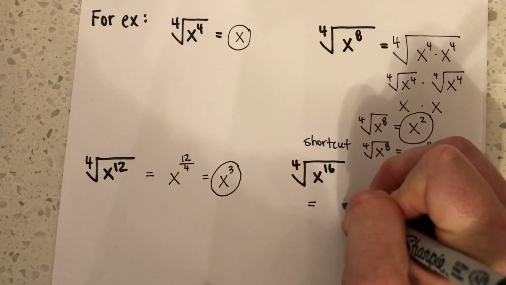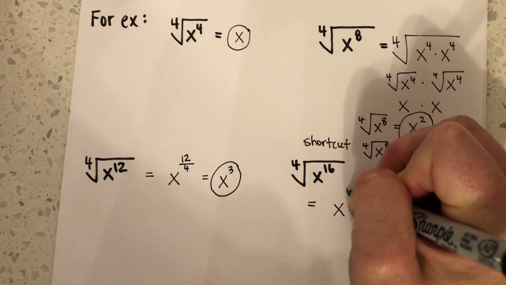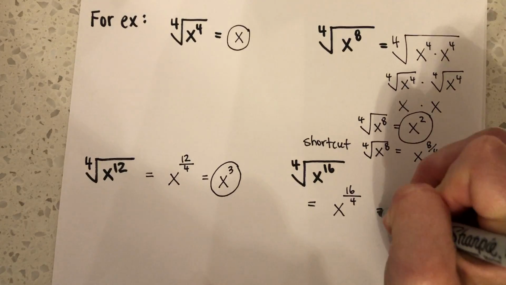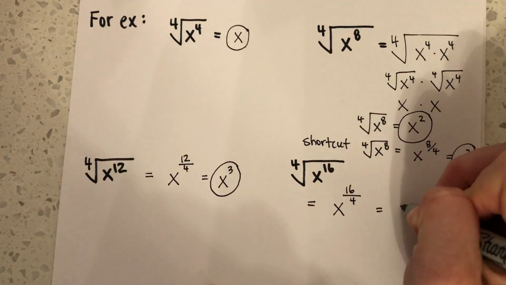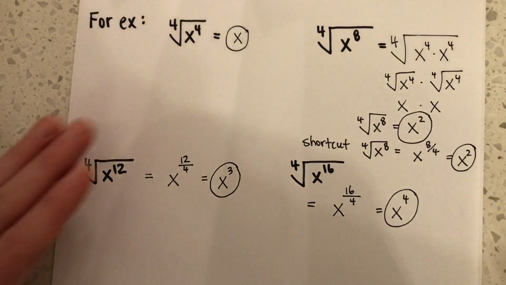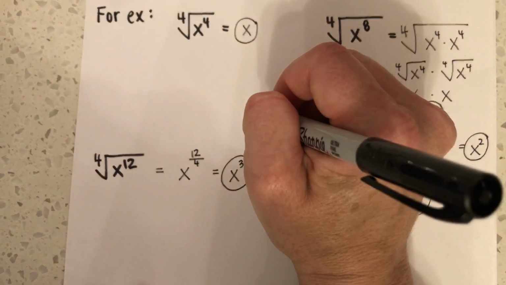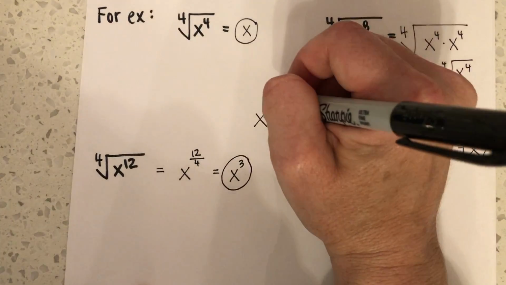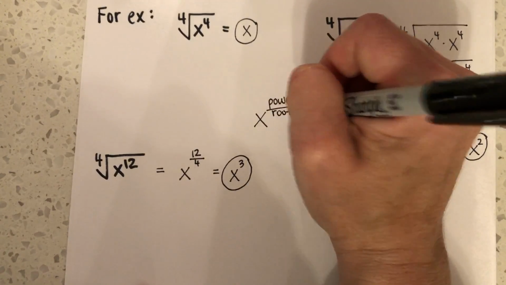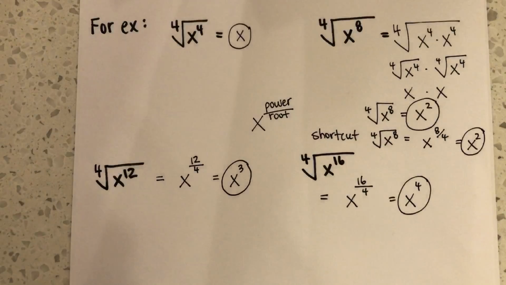This will equal x to the power 16 divided by root 4, which is x to the 16 divided by 4 is fourth. So it's x to the fourth, right? The shortcut is it becomes x to the power divided by root. Okay? All right, perfect.